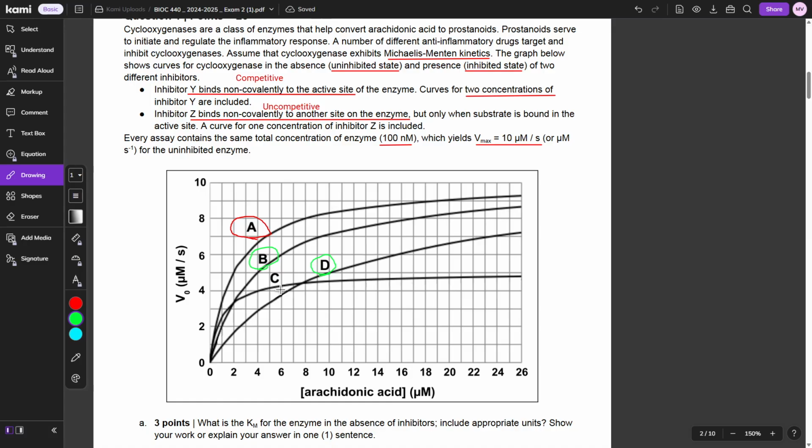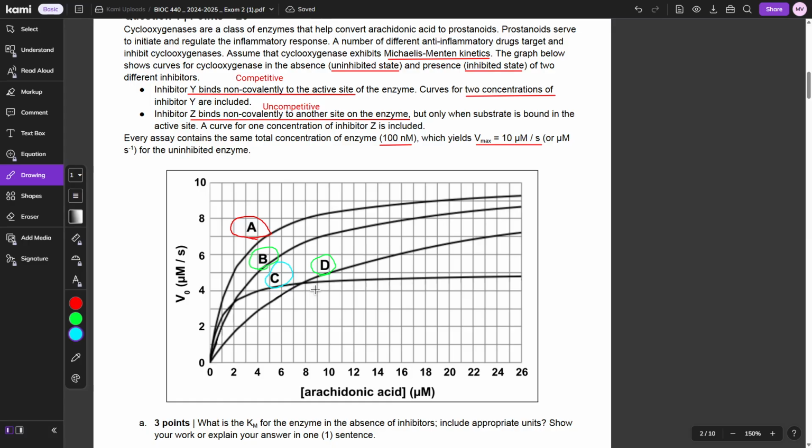It basically chops the Vmax in half, so already I know that's probably my uncompetitive inhibitor. If I also look at the Km, if it's going to be around 5, I'm looking for where the Vmax is around 2.5, and that's probably around here somewhere. That would be a little bit less than A, B, or D, so I'm expecting this to be my uncompetitive.